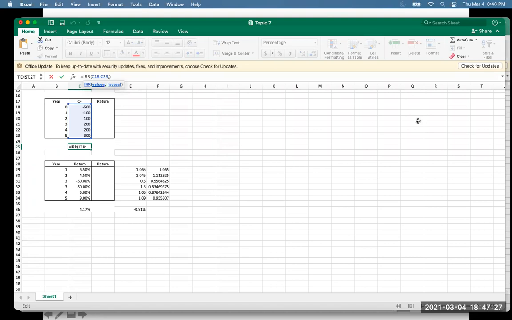What's the return? What's the interest rate that gets you this string of discounted cash flows to equal 0? And so the formula in Excel is IRR. In a BA2 plus, you have to type in all the cash flows and then calculate the rate of return.